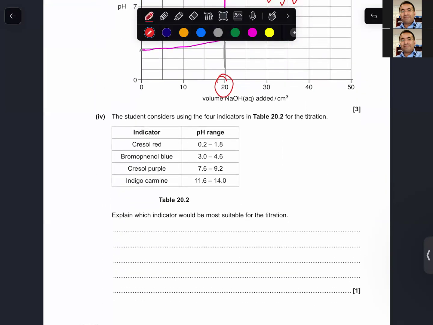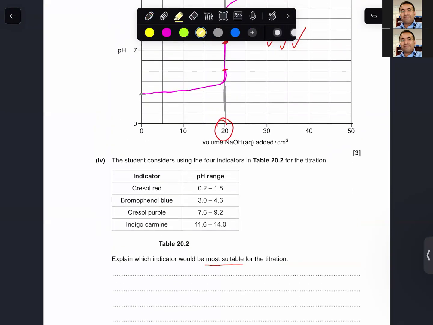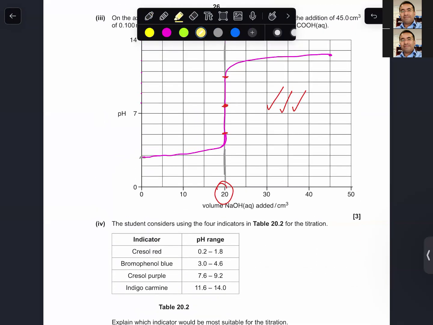Next, it says here, the student considers the 4 indicators. Explain which indicator is most suitable. Which one is most suitable? You see, ladies and gentlemen, we need to look at the pH range of this titration curve, and it's approximately between 4 to about 11.